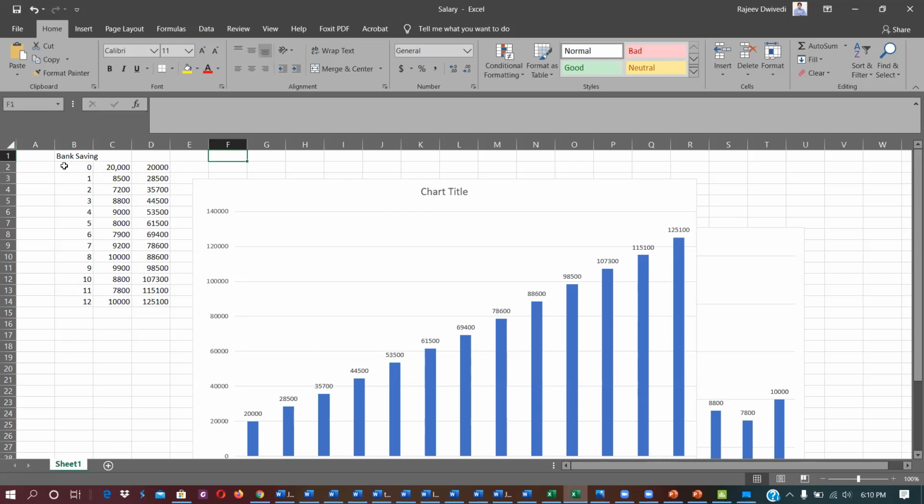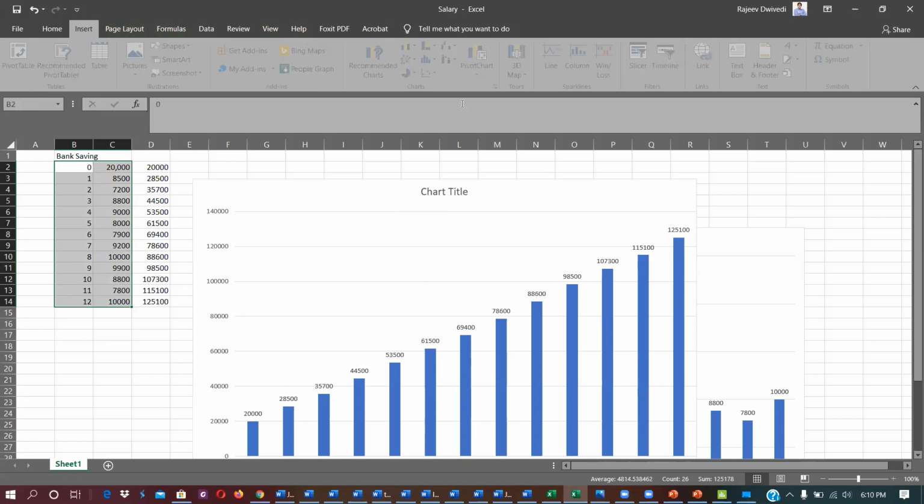If I plot the distribution of this, it would be a PDF or probability distribution, because it represents each month's individual saving.